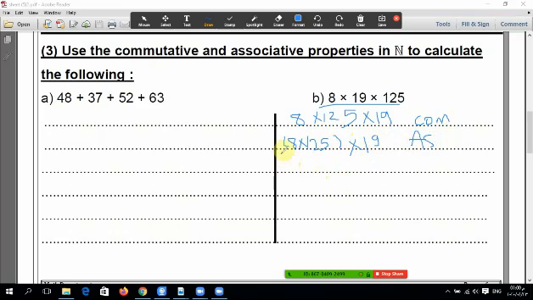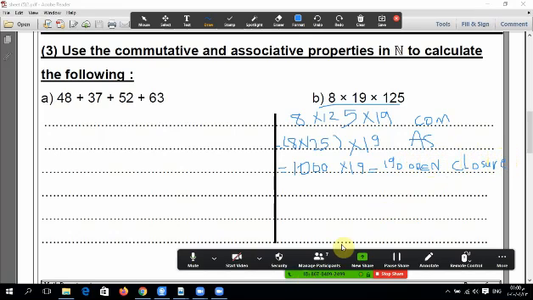Then it will be 1000 multiply 19, which equals 19,000. It belongs to n, so it's closure. Okay, can anyone not understand until here? No.